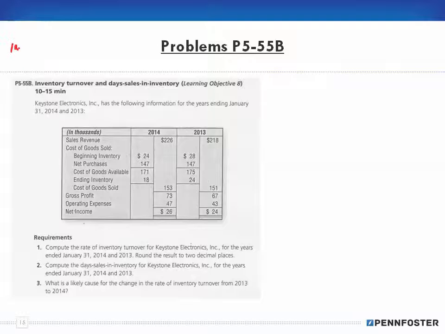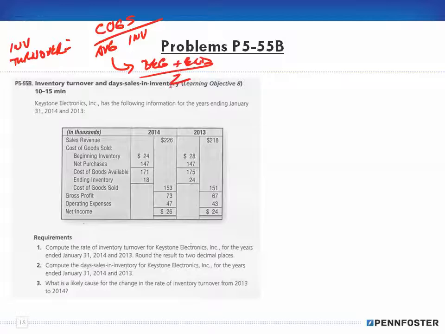All right, so for inventory turnover, the formula was cost of goods sold over the average inventory. And remember that the average inventory is the beginning inventory plus the ending inventory divided by 2.